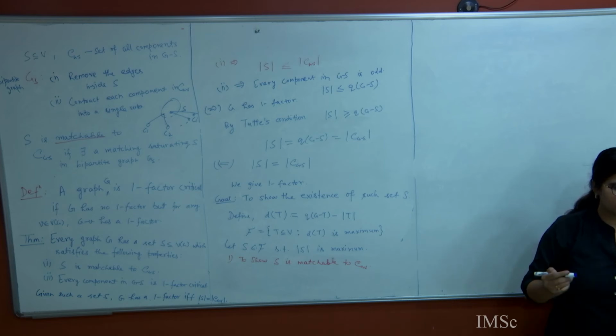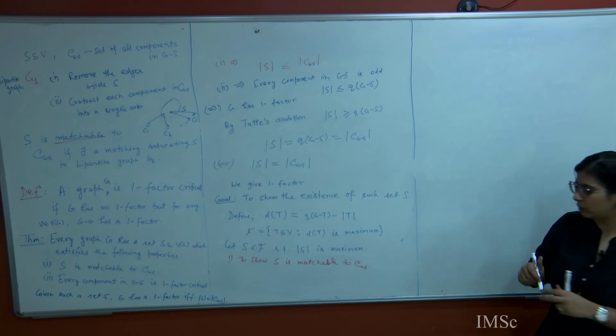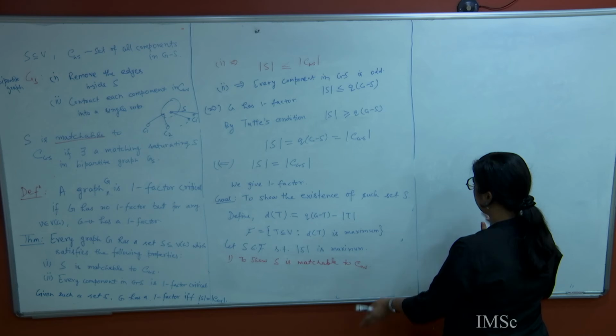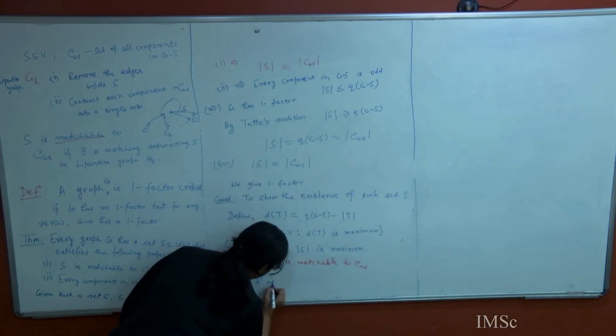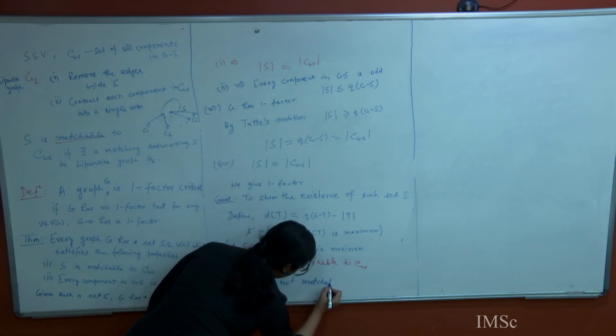We have seen so many theorems, right? And for bipartite graphs, Hall's condition, right? So, for bipartite graphs, we have a characterization by Hall's condition. So, let us use that. Let S be not matchable.